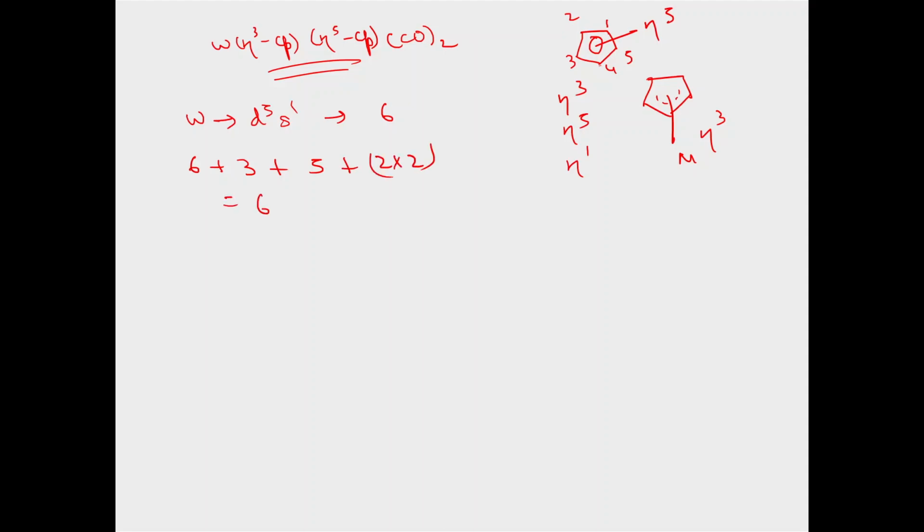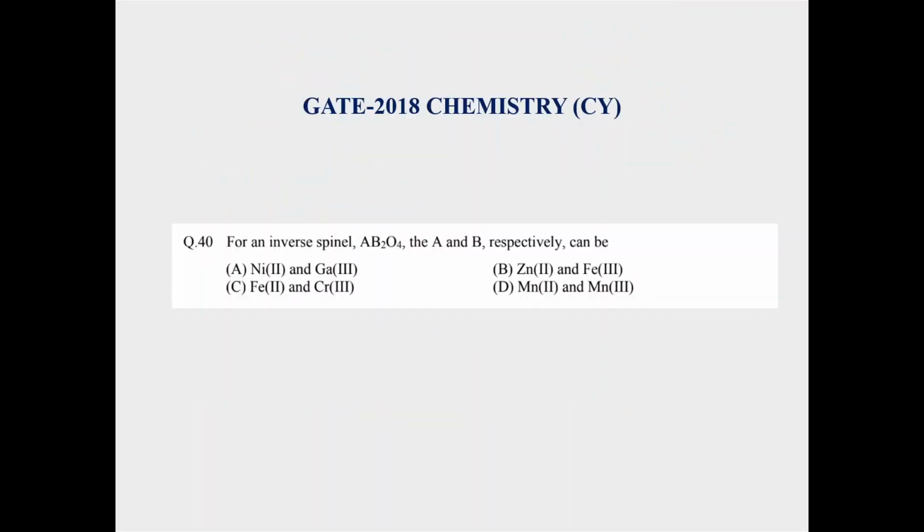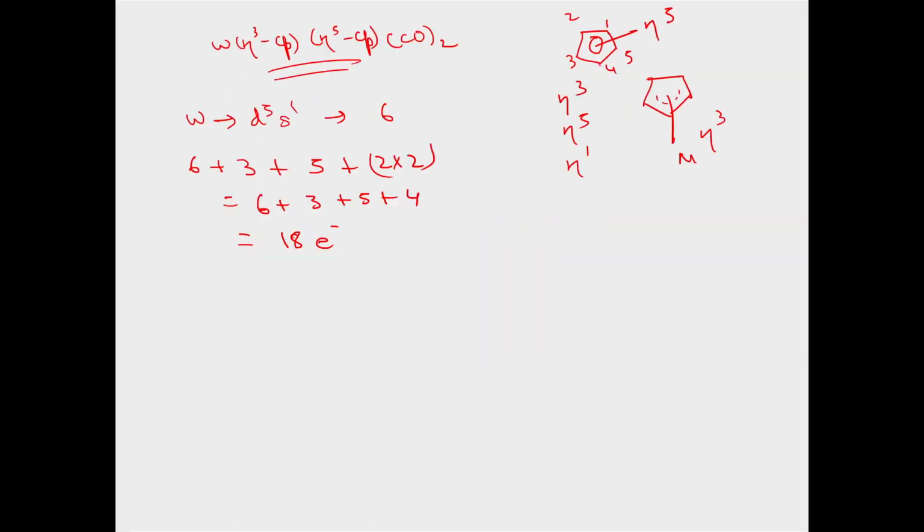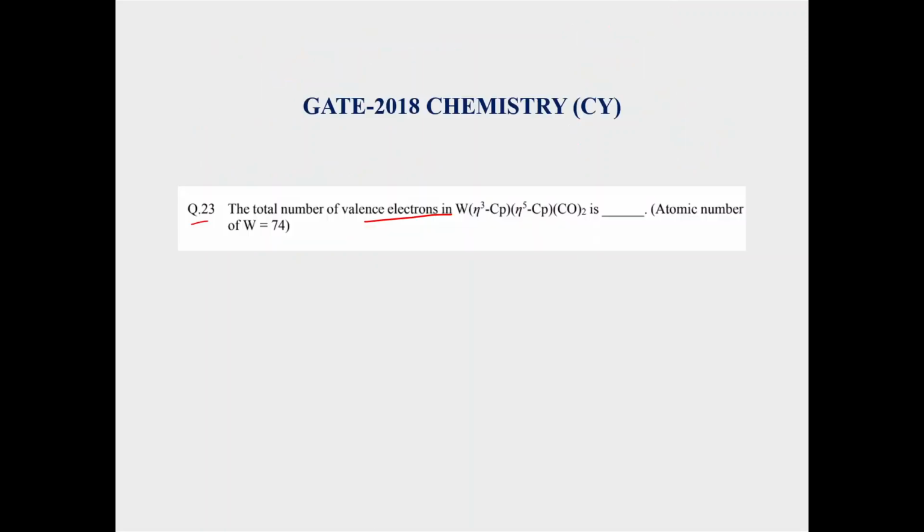So it is 6 plus 3 plus 5 plus 4. That is 18. So the number of valence electrons for this tungsten complex given in the question is 18 electron. Okay, the answer is 18.